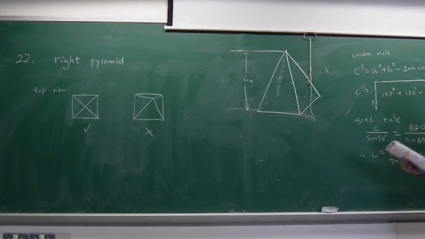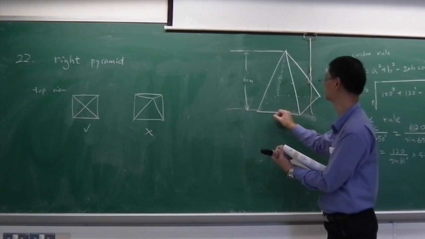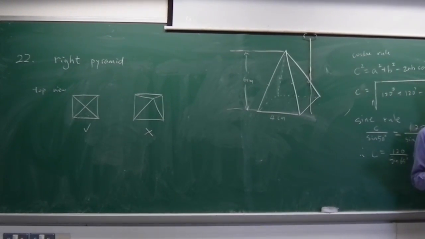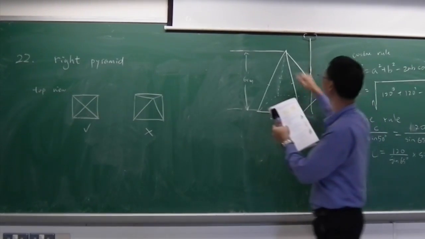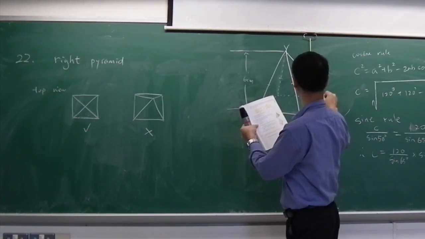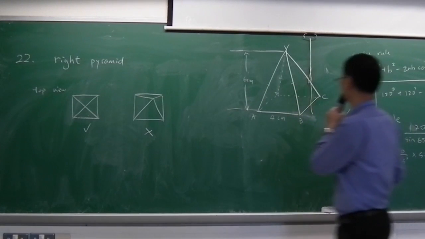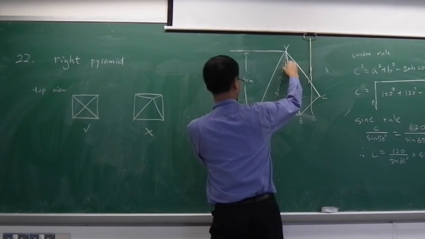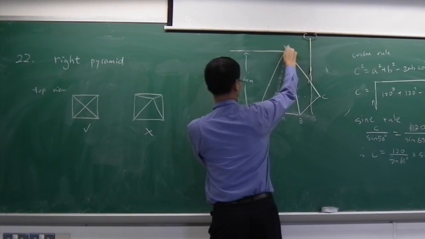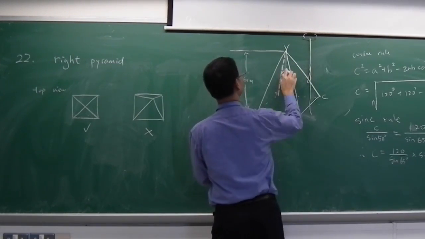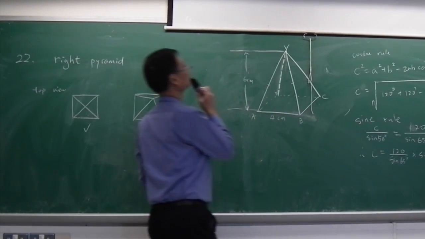And the side of it is 4 centimeter. So it gives you all the necessary information. If we draw a vertical line, okay.